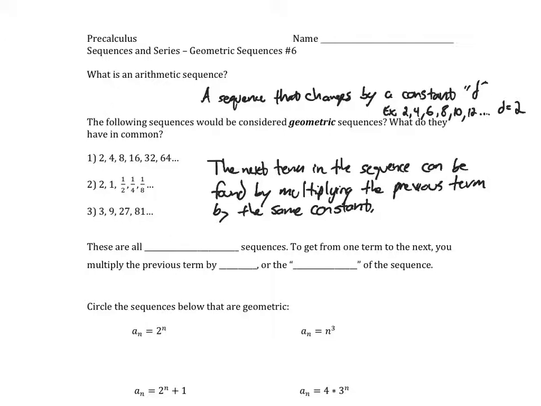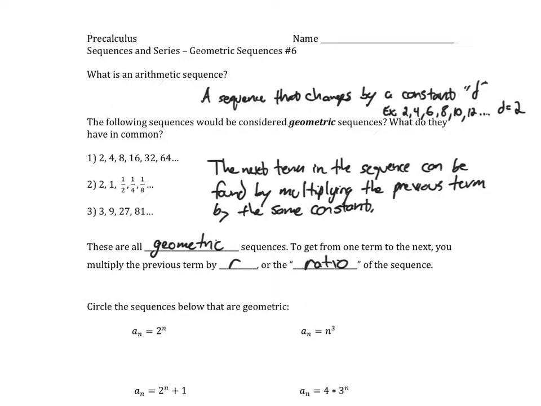So these are all examples, you can guess by the title of the worksheet here, of what we call geometric sequences. Okay, so to get from one term to the next in geometric sequences, you multiply the previous term by, not d in this case for difference, we're going to use the term r when we talk about geometric, r standing for ratio.